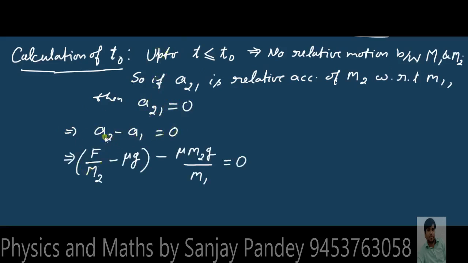Now substituting the values of a2 and a1 in this equation, we get F/m2 − mu g, which is the value of a2, minus the value of a1, equal to 0. From here we get F/m2 = mu g + mu m2g/m1.